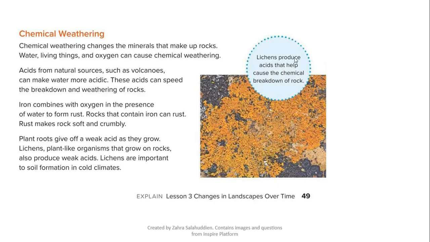Okay, so we already spoke about physical breaking of rocks when something smashes a rock into smaller pieces. Now let's talk about chemical breaking. Ch in the beginning of chemical reminds us that the word means change. So chemical is when the rock changes. And if the rock changes, then we have chemical weathering as it breaks down.